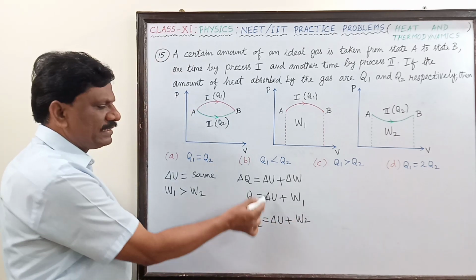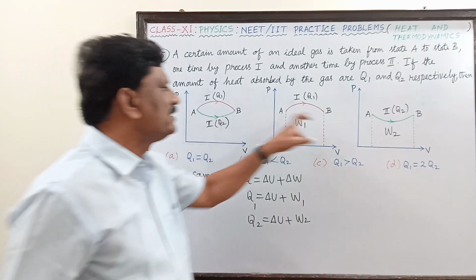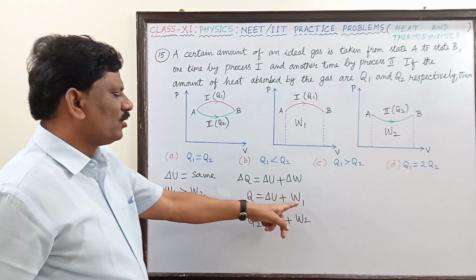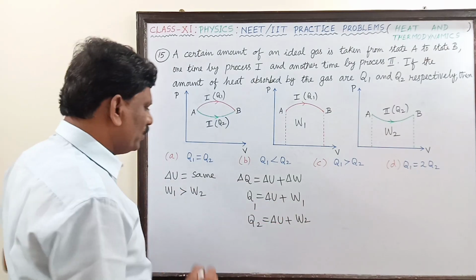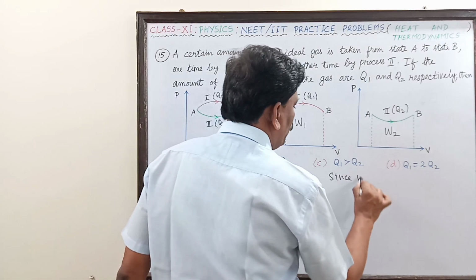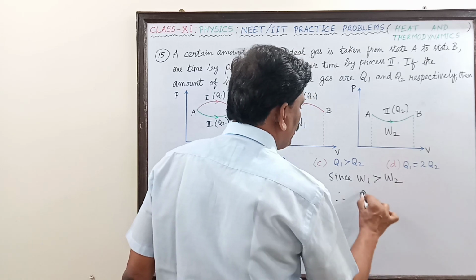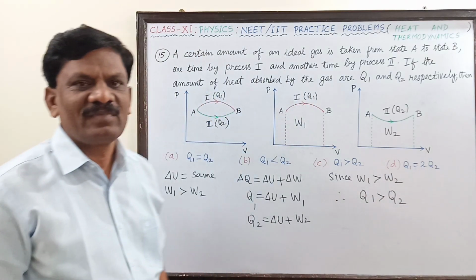In both the cases the change in internal energy is the same because the starting state and ending state remain the same. So Q1 is proportional to W1 and Q2 is proportional to W2. Since W1 is greater than W2, therefore Q1 must be greater than Q2.